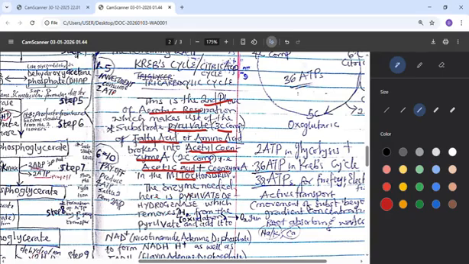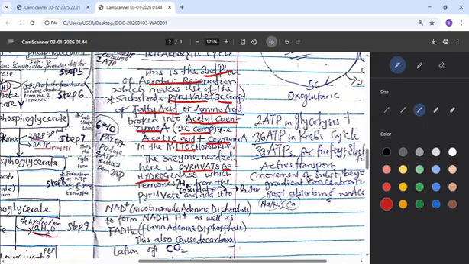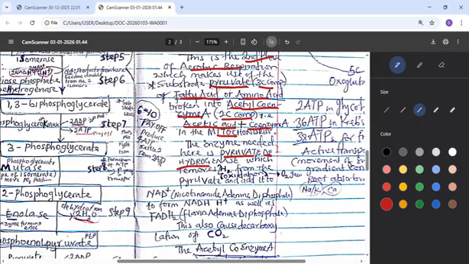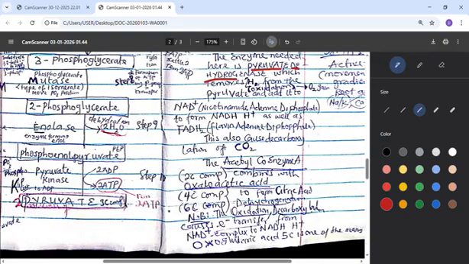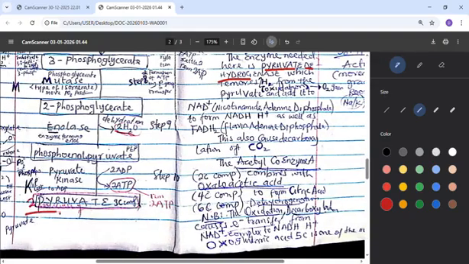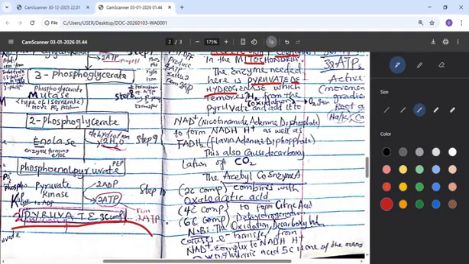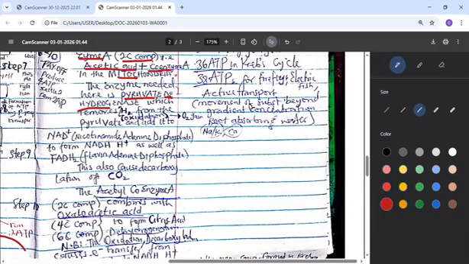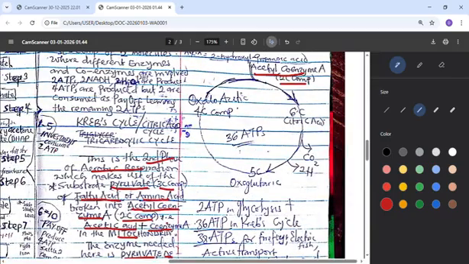Now the enzyme that is needed here is the pyruvate dehydrogenase, meaning that as the pyruvic acid or pyruvate we got in the glycolysis, those 2 molecules of 3 carbon compound, move down to this Krebs cycle, there must also be an enzyme.